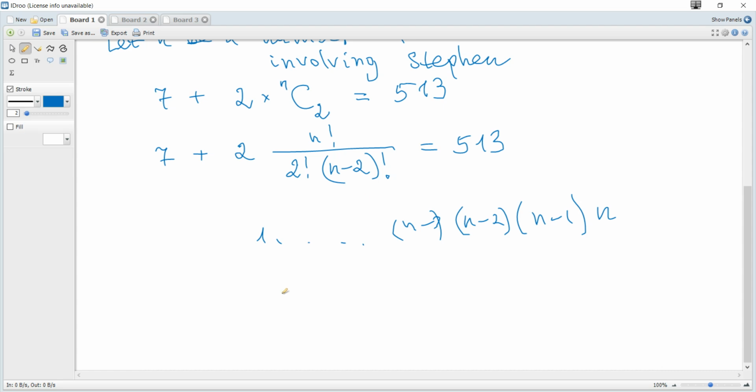And n minus 2 factorial is 1 times 2 times 3 up to n minus 2, so we can cancel, and it remains n minus 1 times n in the numerator.